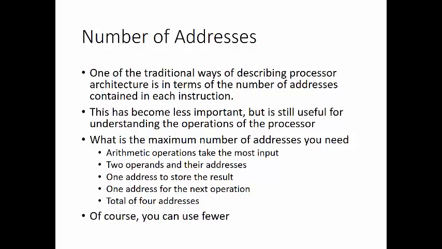Well, arithmetic operations take the most input. It's going beyond storing a single value or branching to a particular instruction. So typically, if it's a binary operation, we have two operands along with their addresses. One address in which we're going to store the result, and one address for the next operation. That gives us a total of 4 addresses. Of course, you can use fewer, and we'll see some examples of that.